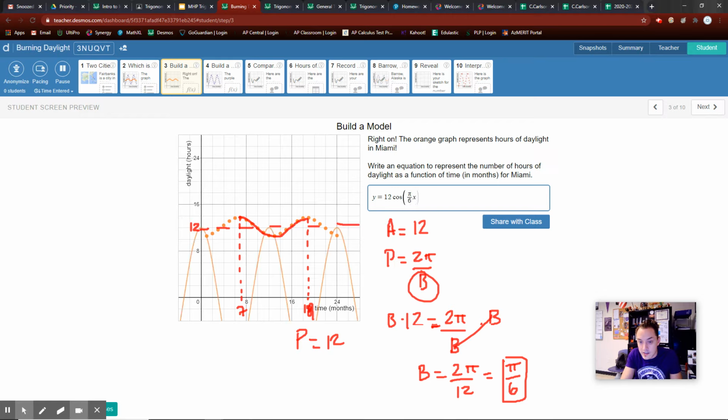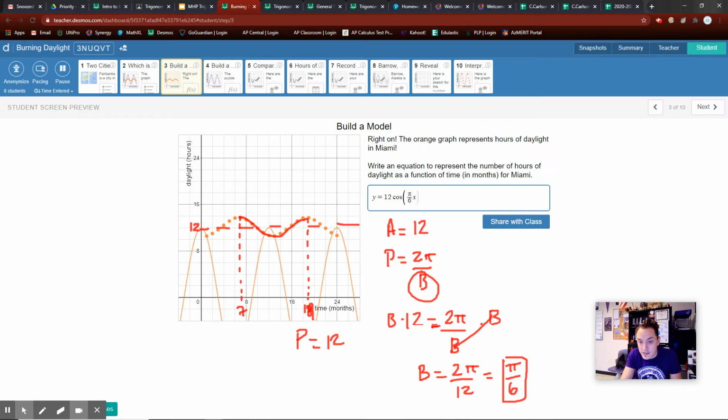But then I notice, oh shoot, my amplitude was too big. So how do I make this shorter? If it goes from here to here, and I just need this a little bit, then that's probably like 2. So let's try 2. So you'll go over here and delete that, and okay, that's a little bit better.